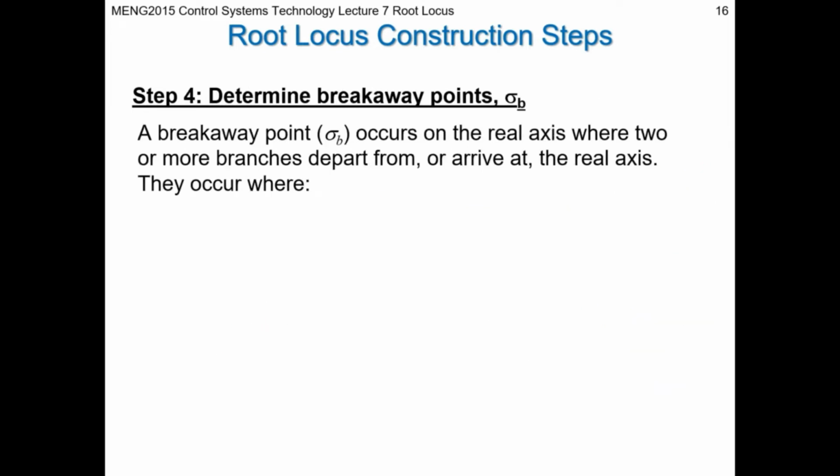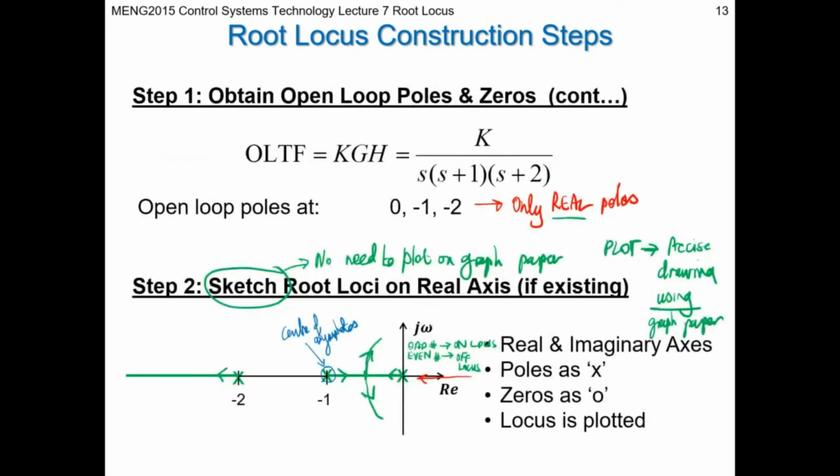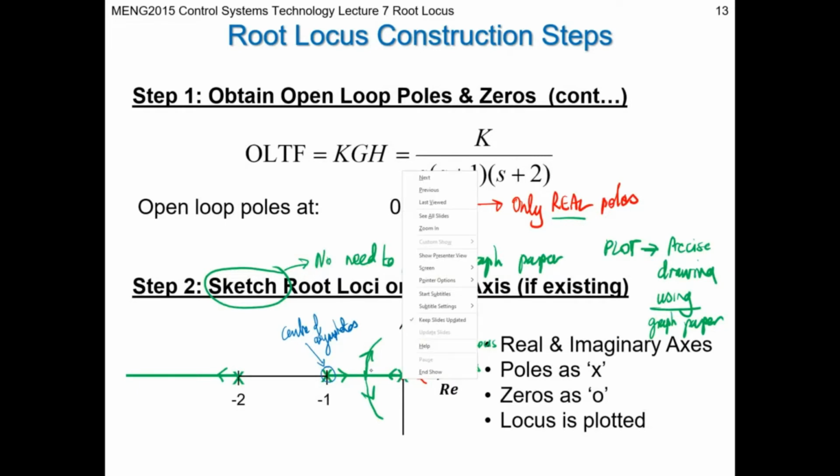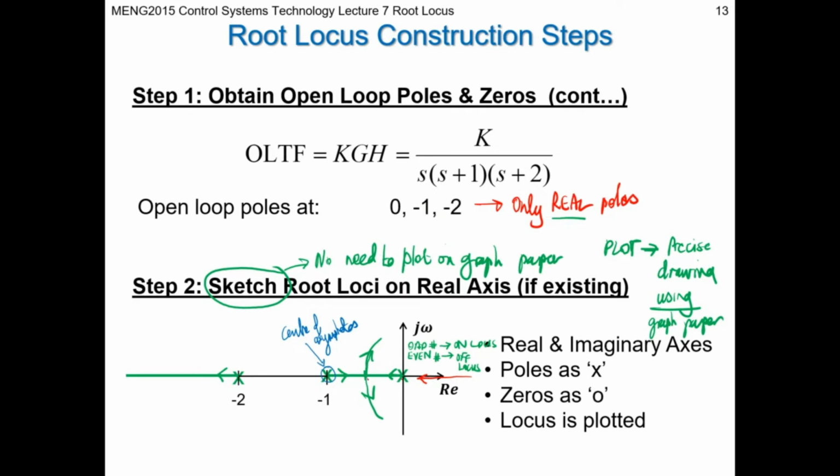The next thing we have to do, now that we've got our asymptotes and their center defined, is find a breakaway point. Here, one locus is coming out of this pole, one is coming out of this pole. They have to meet somewhere in the middle, and at that point they depart from the real axis.